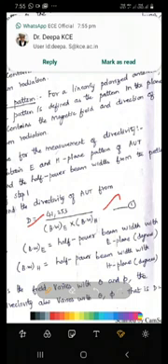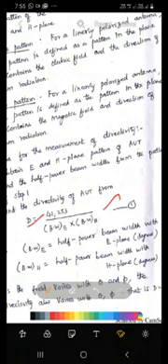So how to calculate the directivity of an antenna? The E plane and H plane beam widths are to be calculated so that we can calculate D. So what is E plane?